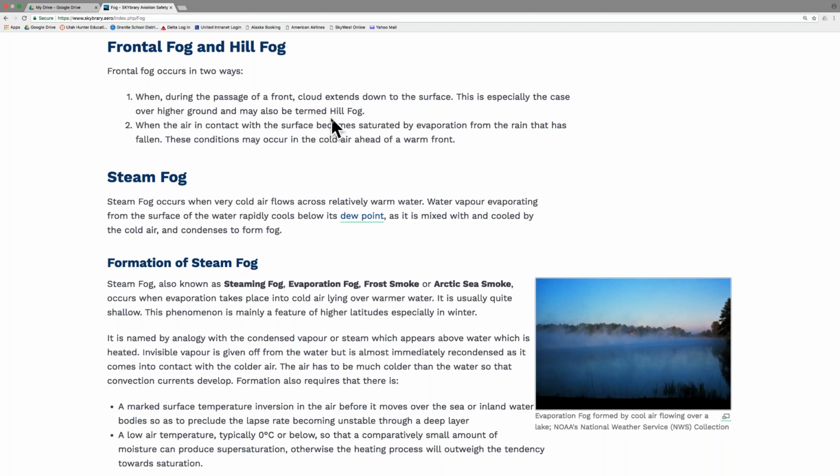And as it moves over higher ground, it's not hill fog, it's called upslope fog. So make sure that you change that. You can just go ahead and write this down, but change hill to upslope fog. That's how we term it now.